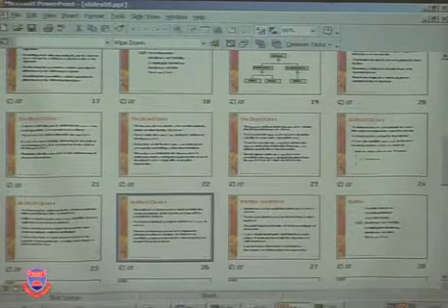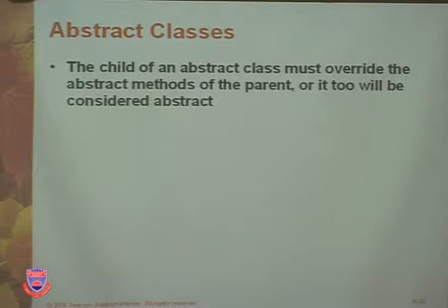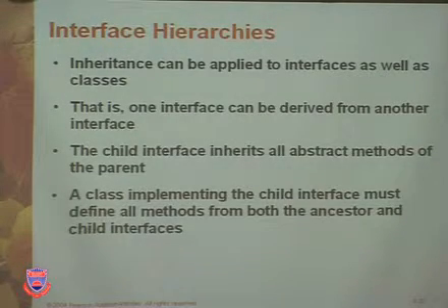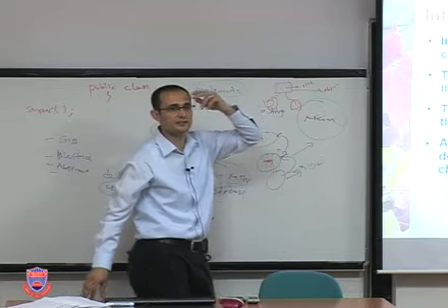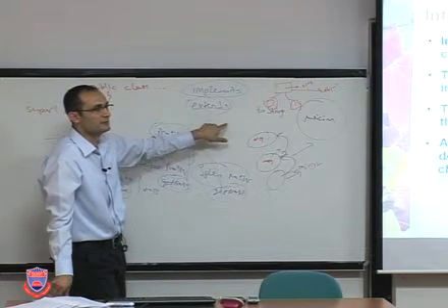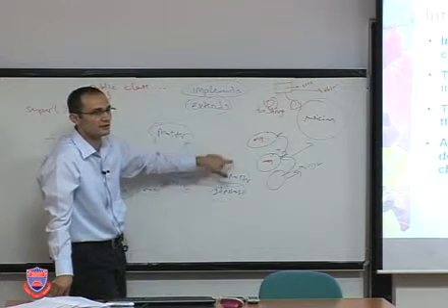Okay. So this is the difference between abstract and interface. You need to be clear on abstracts and interfaces as well. When you look into interfaces, you can have interface hierarchies as we had with class hierarchies. So you have an interface that is extended by another interface and then another interface and so on.